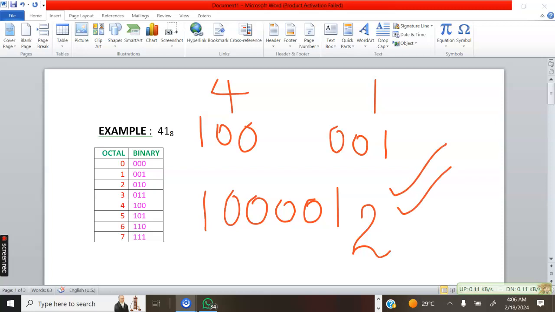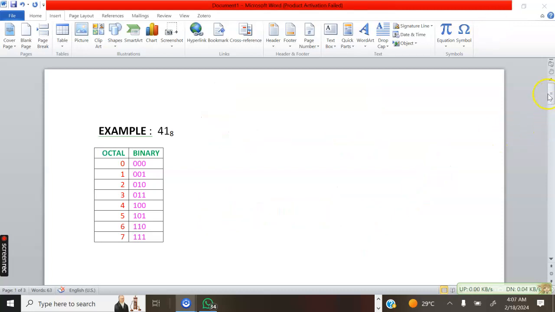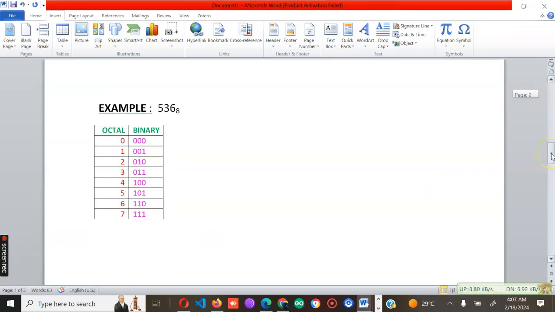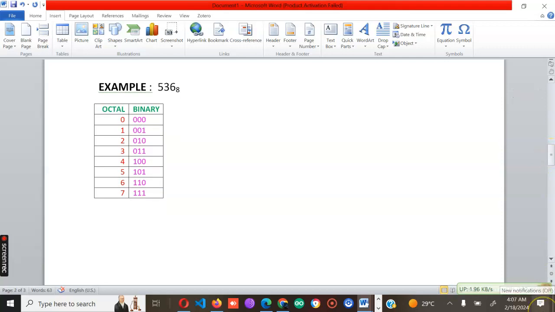I hope up to that point we are together. Okay, let's move to the next part. Our example 2, we have 5 3 6 base 8. I will give you maybe 2 seconds. Maybe you can give it a trial, then we can do it together.